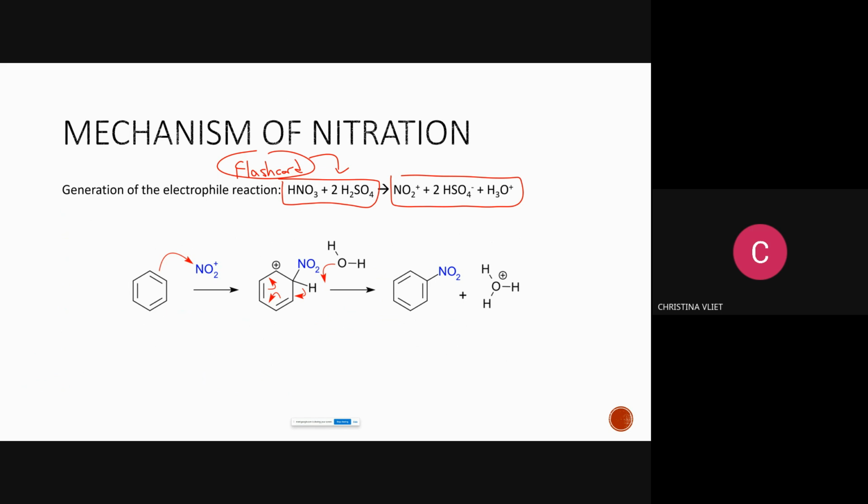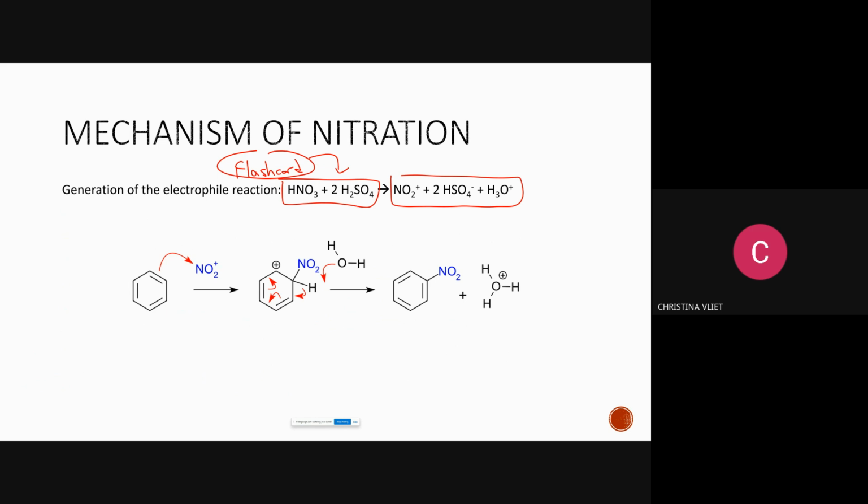You have to put together nitric acid and sulfuric acid, both concentrated. You put them together, and sulfuric acid is so strong with nitric acid that it actually breaks the two apart. And you get this electrophile, NO2+, as a result.